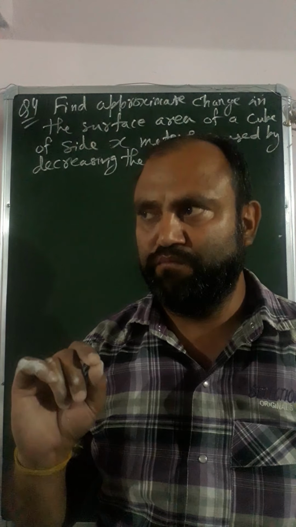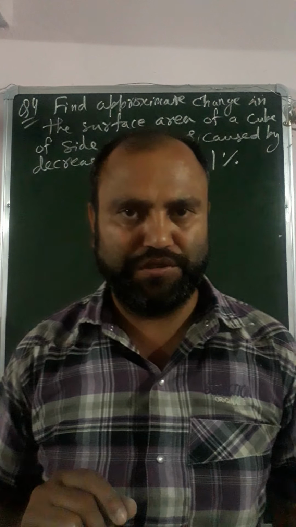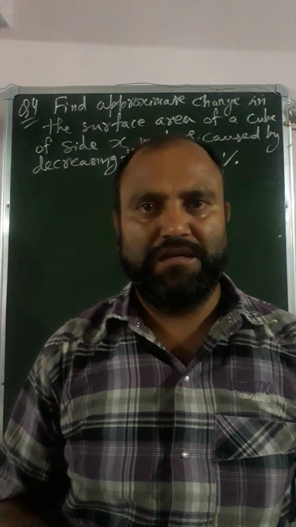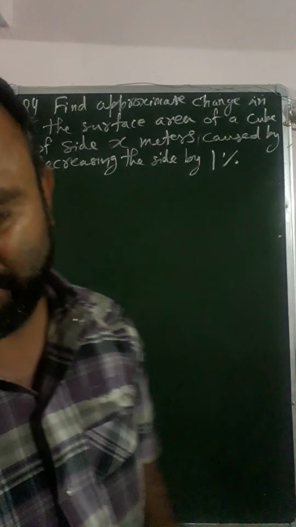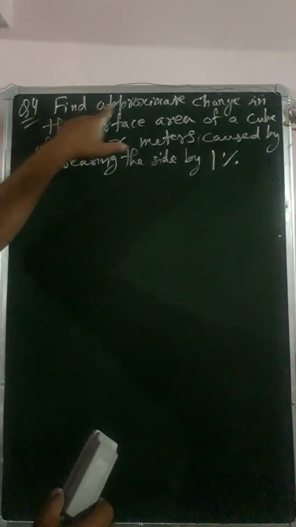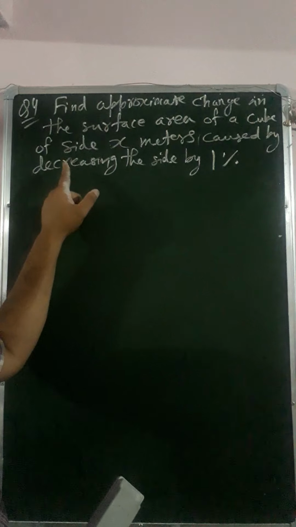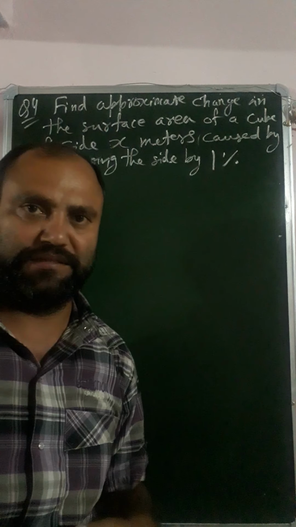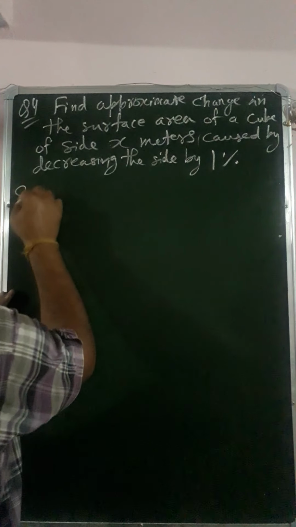Now I am taking one more question of this exercise, question number 4: find the approximate change in the surface area of a cube of side x meters caused by decreasing the side by 1%. So let us solve this question.